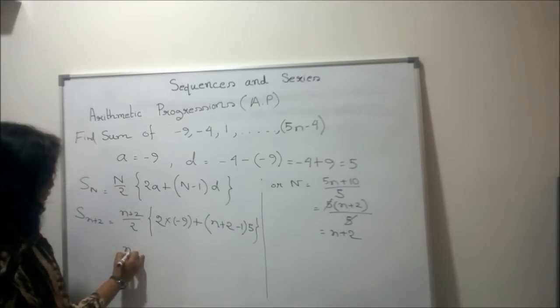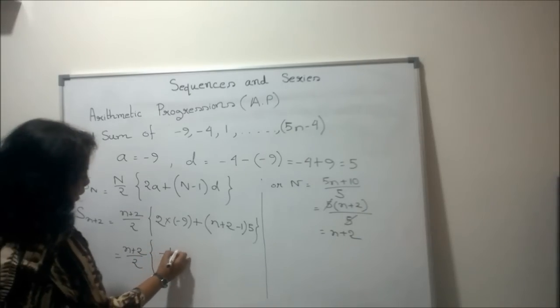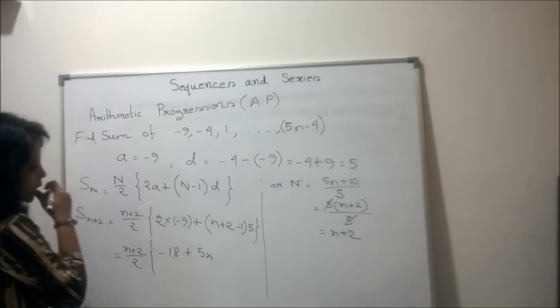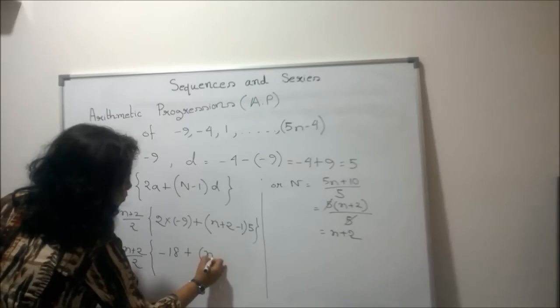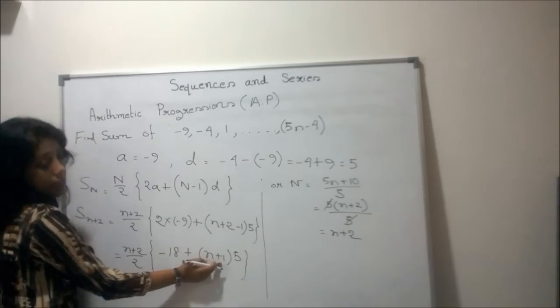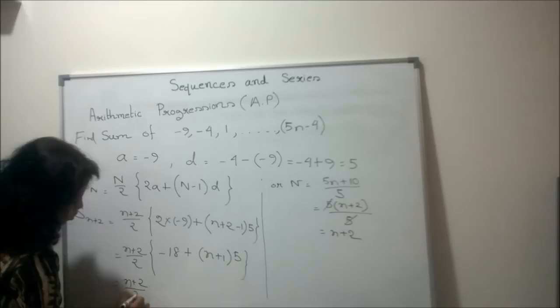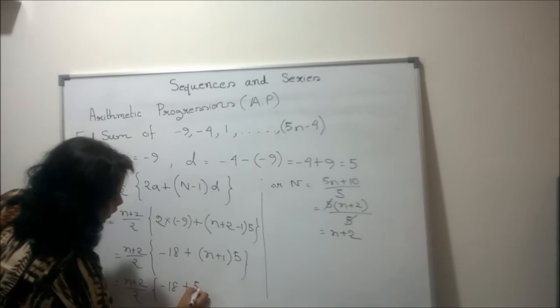So here n plus 2 by 2 minus 18 plus 5n, we multiply with this. Okay, first we write it as n plus 1 into 5. 2 minus 1, that is 1. So that becomes n plus 2 by 2 minus 18 plus 5n plus 5.